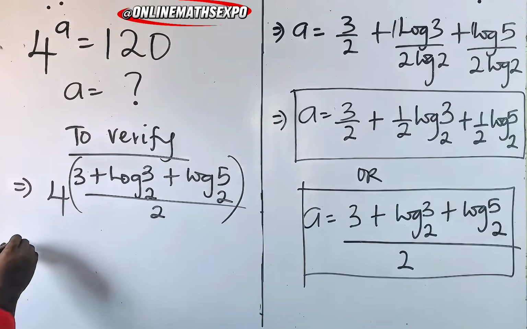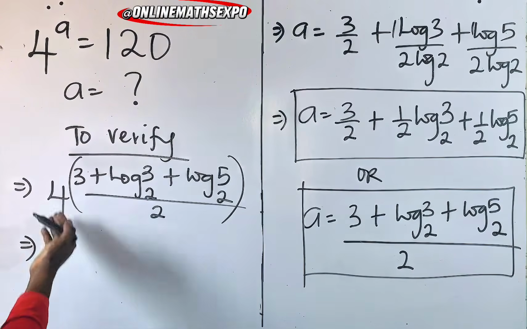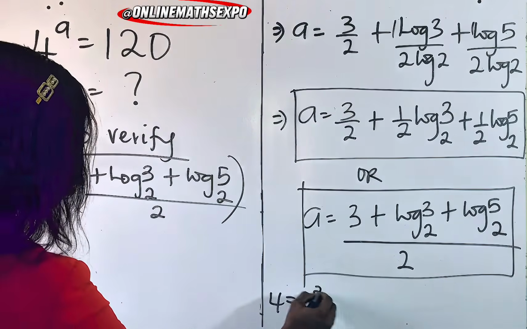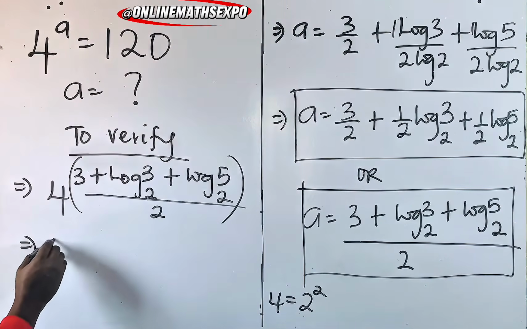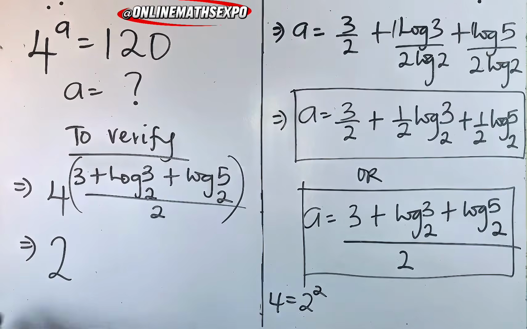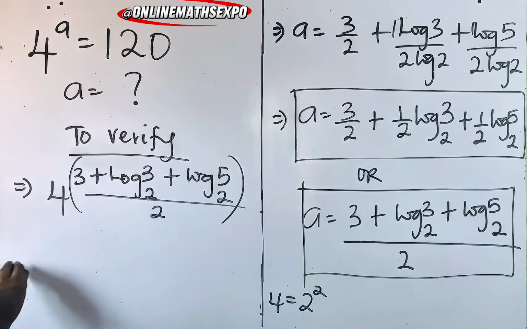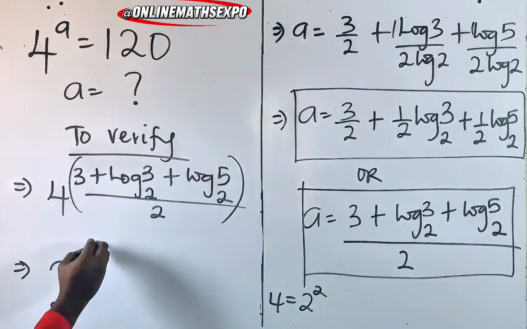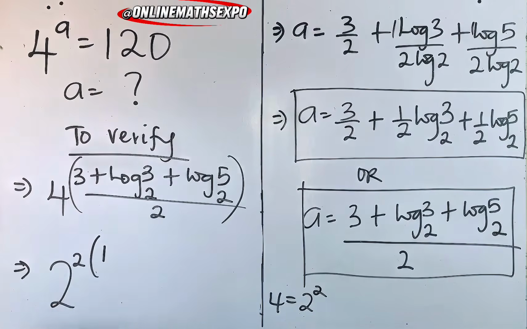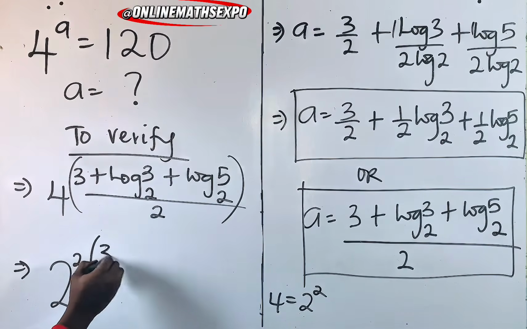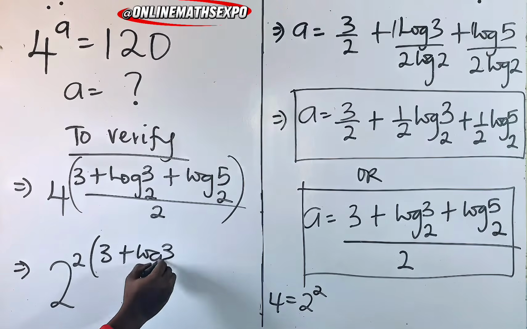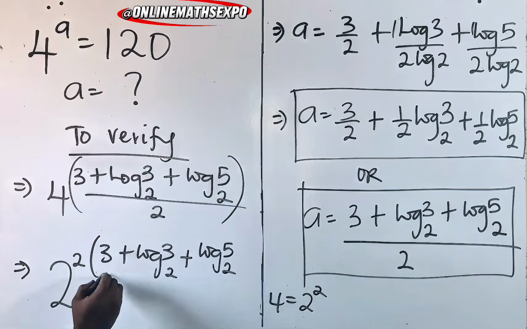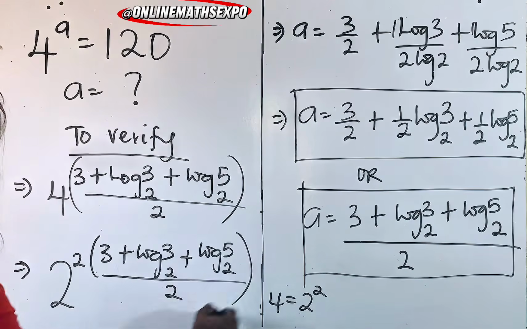This is the same as, remember that 4 is 2 to the power of 2. So we now have 2 to the power of 2, for 4, is multiplying 3 plus log of 3 base 2 plus log of 5 base 2, divided by 2.